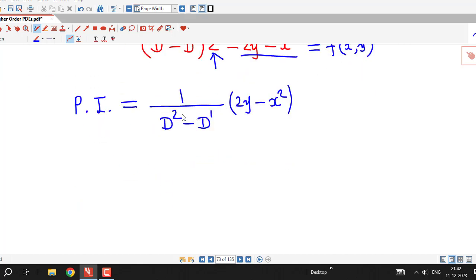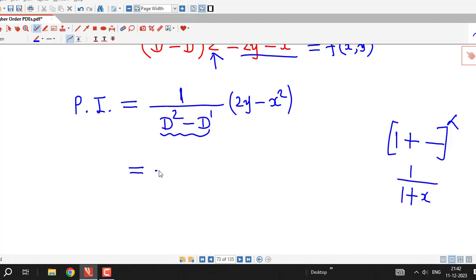Now I have to write an infinite series for this expression 1 over D square minus D'. To apply the binomial theorem we require 1 plus something to the power alpha, or we can apply 1 over 1 plus x or 1 over 1 minus x. So first we write this expression in the form 1 plus something. For that we can take minus D' common.